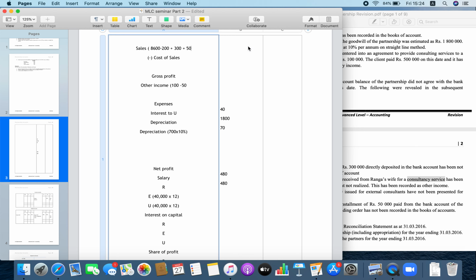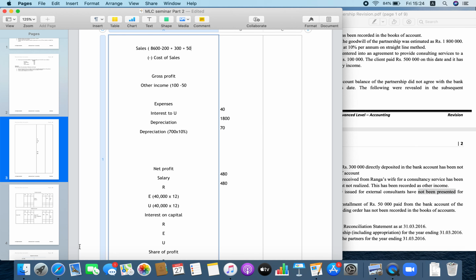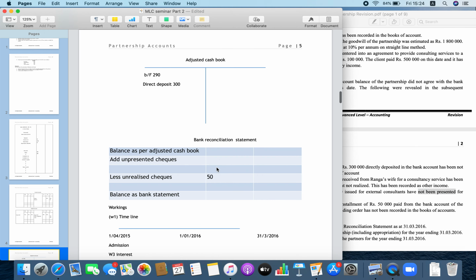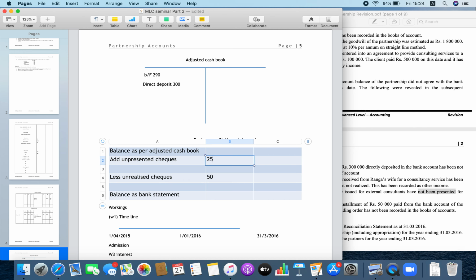So that is also done. Next one, a check of 250,000 issued to external consultants has not been presented. If it's not presented, in simple terms, that is an unpresented check. So you go to your bank reconciliation and mark this as unpresented check. So therefore the unpresented check is now going to be 250,000. That is also done.